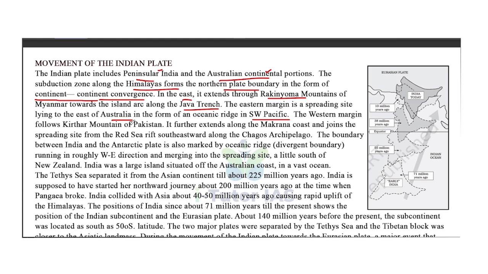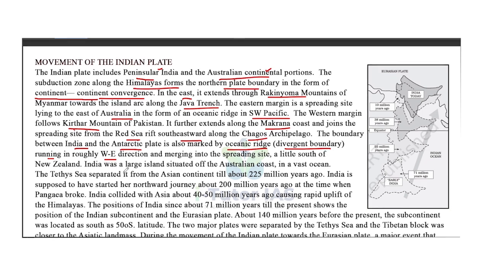The western margin follows the Kirthar Mountains of Pakistan and further extends along the Makran coast and joins the spreading site from the Red Sea Rift southeastward along the Chagos Archipelago. The boundary between India and the Antarctic plate is also marked by an oceanic ridge, that is a divergent boundary, running in a roughly west-east direction and merging into the spreading site a little south of New Zealand.